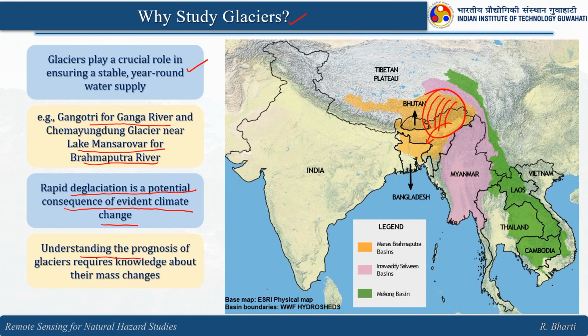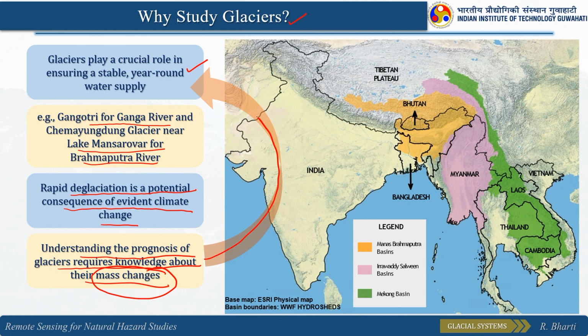And understanding the prognosis of glaciers requires knowledge about their mass change. If you want to see how they will be in future, what will be the status, then you need to have a very good understanding of the mass balance, right? So coming back to the importance of these glaciers, it is basically the year round water supply, that is what we need to sustain on this particular planet.